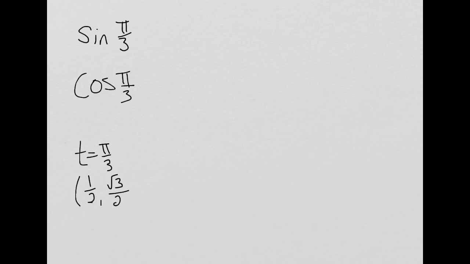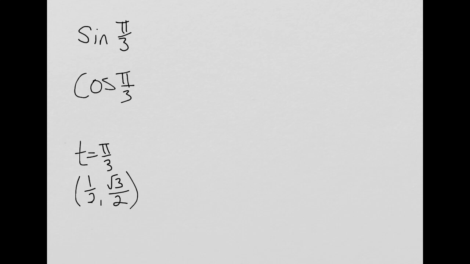Let's go ahead and do this one. Let's compute sine of pi over 3, cosine of pi over 3, and then see if we can get the rest of them. If you remember from the last slide, or if you've got your text out, when t was equal to pi over 3, the point that we got for the endpoint was 1/2, square root 3 over 2.